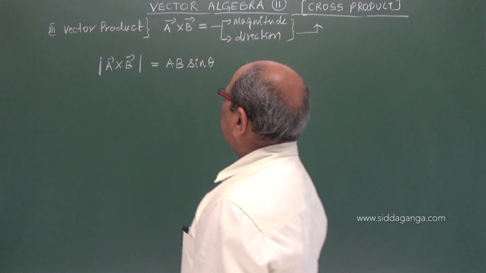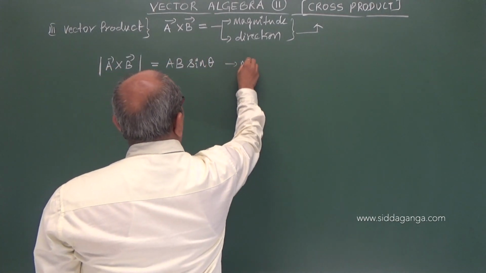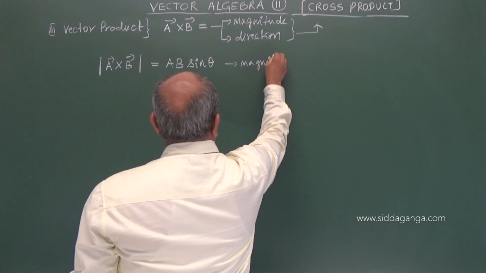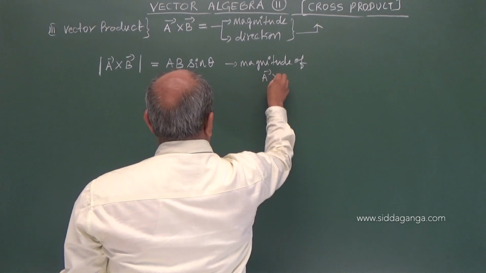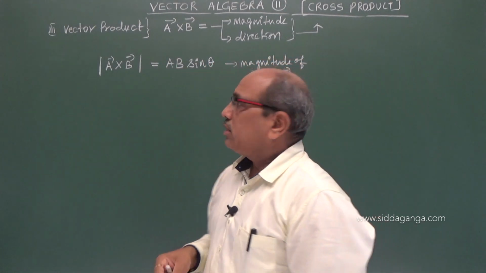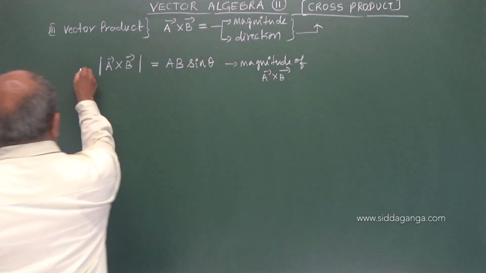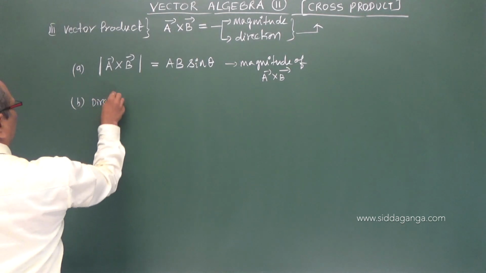That is the magnitude of the vector product. Magnitude of A cross B gives you that. Then again, the direction.